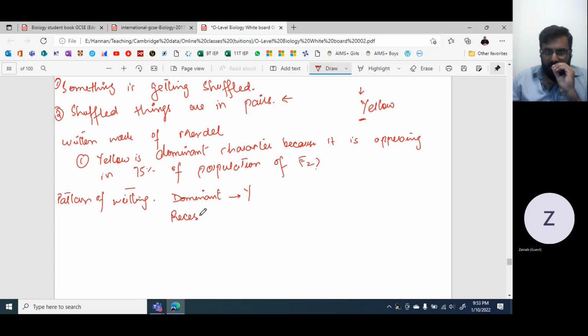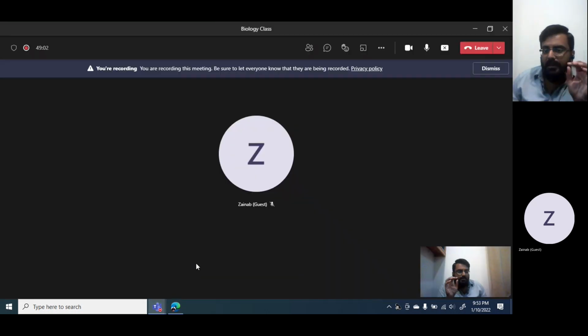How would we write the recessive form? The recessive form would be written by the same alphabet but in smaller form. This was all established by Mendel. No modern scientist established this type of writing.